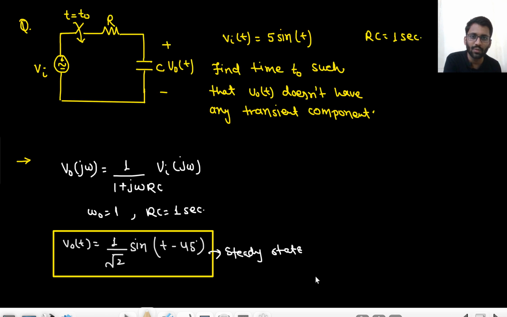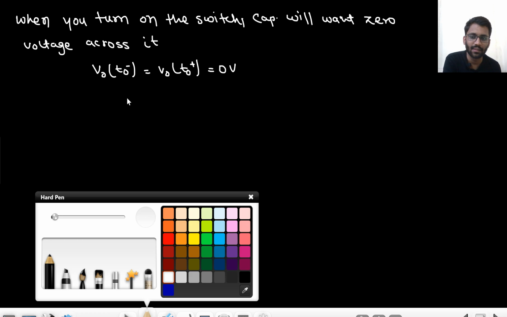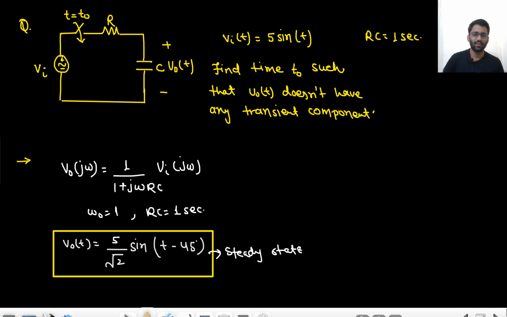So 1 by root 2, if it is not 1 by root 2, it will be 5 by root 2. This would be 5. So at t equals t naught, I want my output to be 0. That's it. So 5 by root 2 sine t naught minus 45 degree should be equal to 0 volt, right?